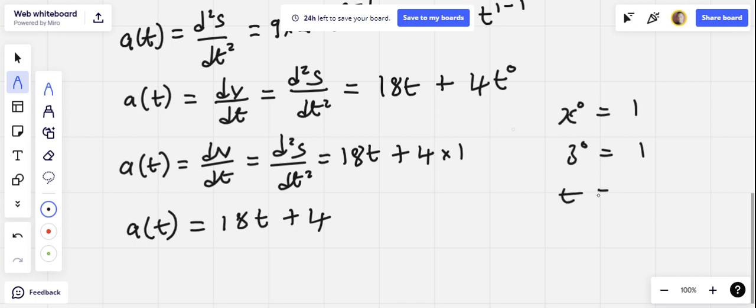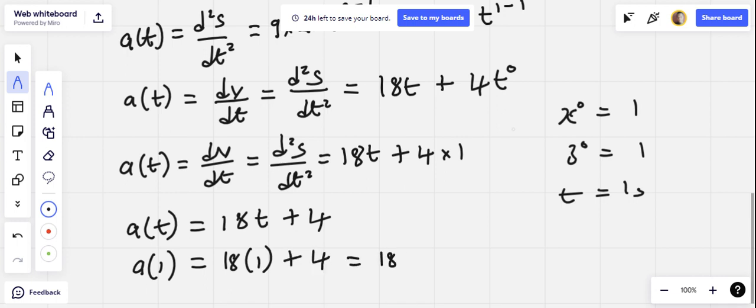So in that question, we are told to find the instantaneous acceleration at t equals 1 second. So we substitute 1 in the expression representing instantaneous acceleration. Wherever we see t, we put 1. So our acceleration at time 1 second will be 18 times 1 plus 4, which equals 18 plus 4.